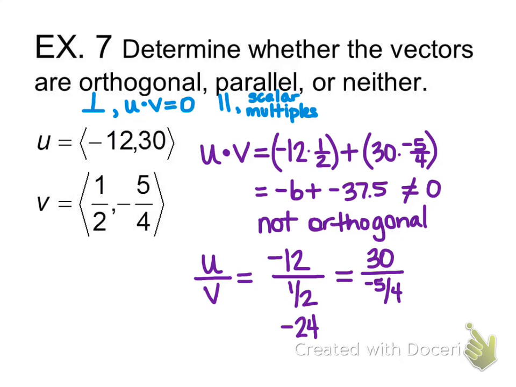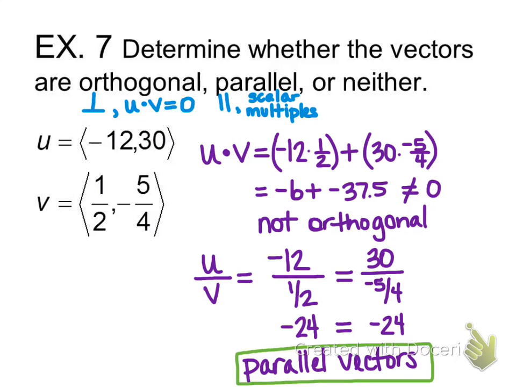And then 30 divided by negative 5/4 will be the same thing as 30 times 4 over negative 5. And that's also negative 24. So since these two are equal, that means these vectors are parallel. If I had gotten that they were not orthogonal and not parallel, I would have said neither.